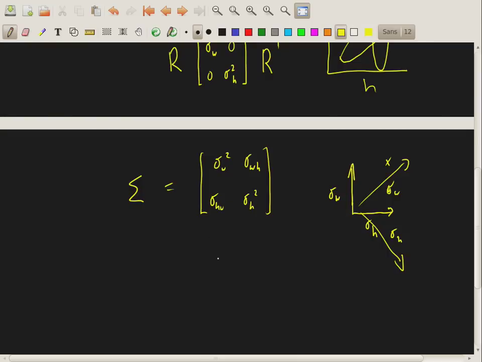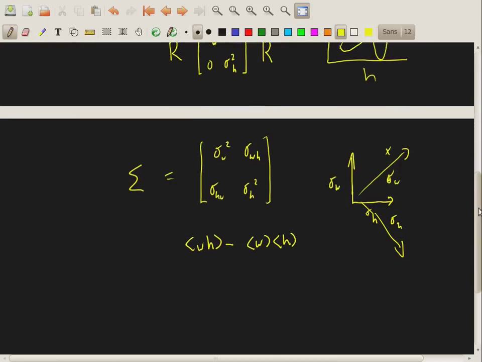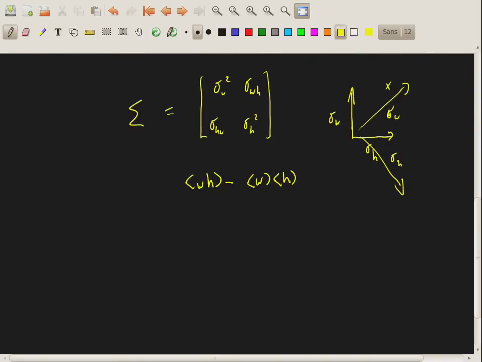So if this is a distribution over W and H, this element here becomes the expectation of W times H minus the mean of W times the mean of H. So this is expectations in the way that I introduced them in the early lectures. So that's that element there.